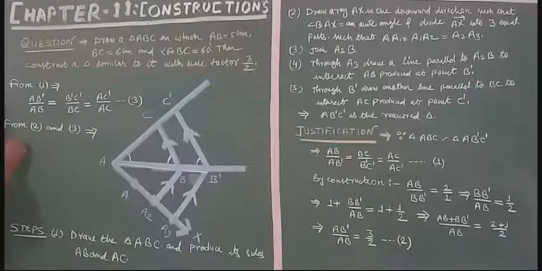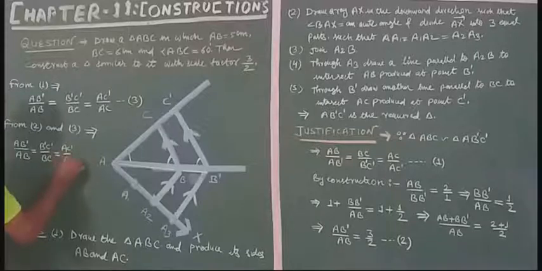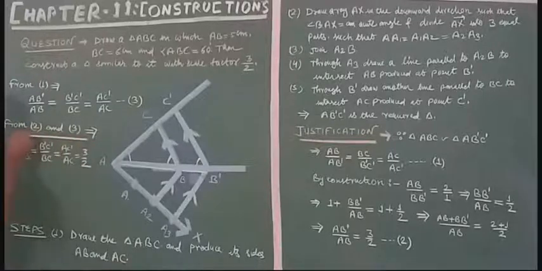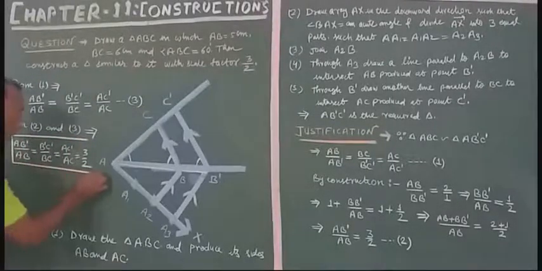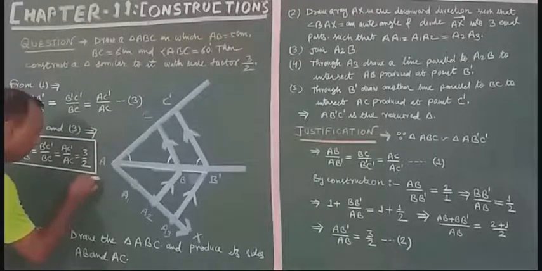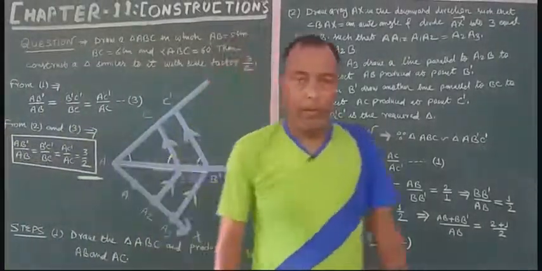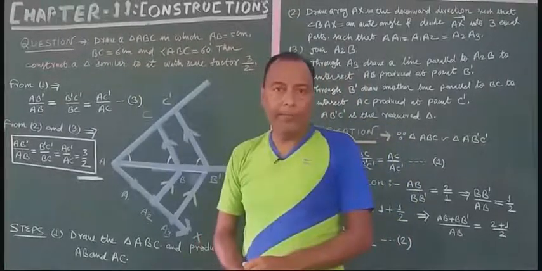So AB dash upon AB is equal to B dash C dash upon BC is equal to AC dash upon AC is equal to how much? 3 upon 2. Is it there? And the construction is verified. So that's all for today. Thank you very much.